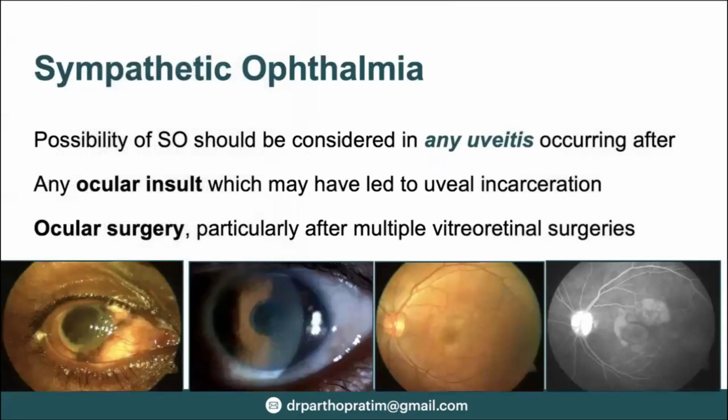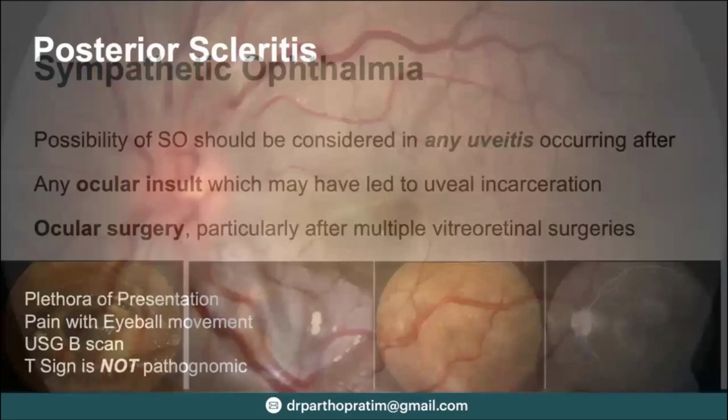Another similar spectrum of disease is characterized by an insult to the eye, which can cause uveal tract incarceration. For example, it can be planned, like ocular surgery, or unplanned, like ocular trauma. This condition also can have a picture similar to VKH and can present with exudative RD or fluid in the fundus.